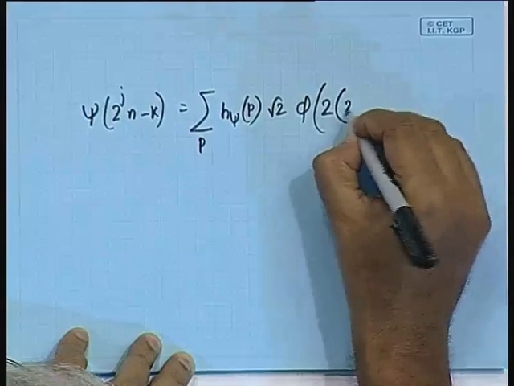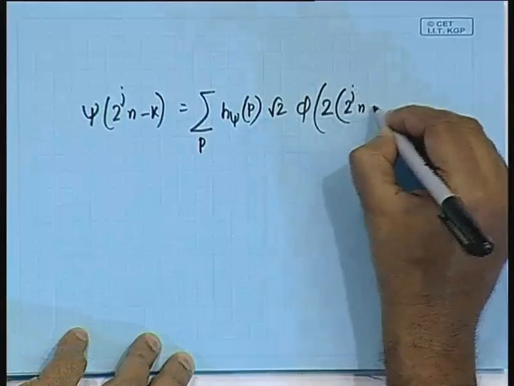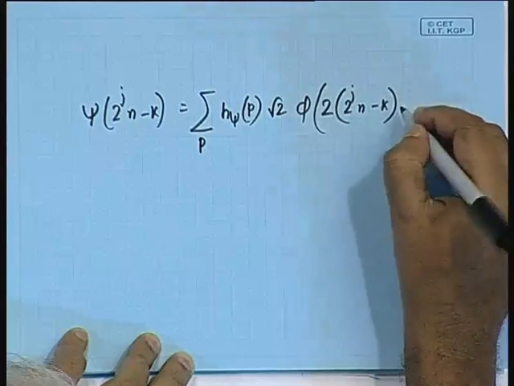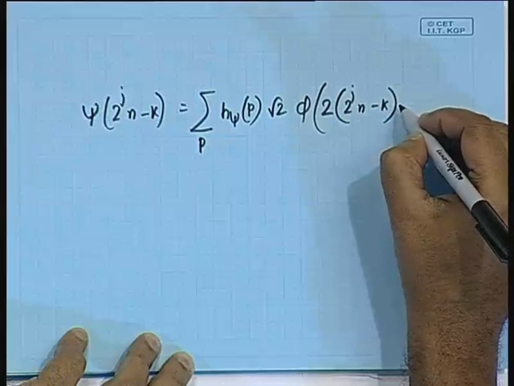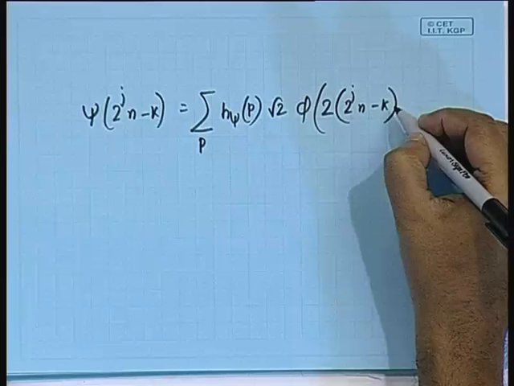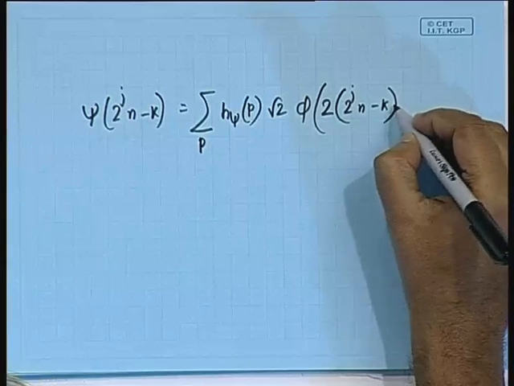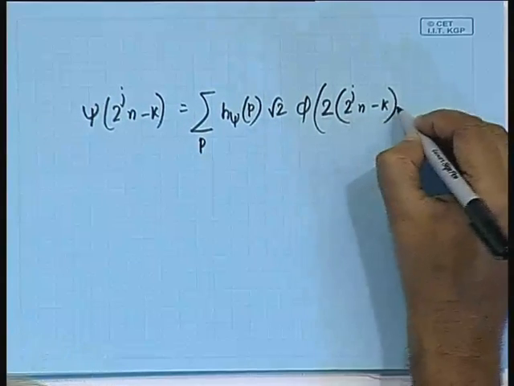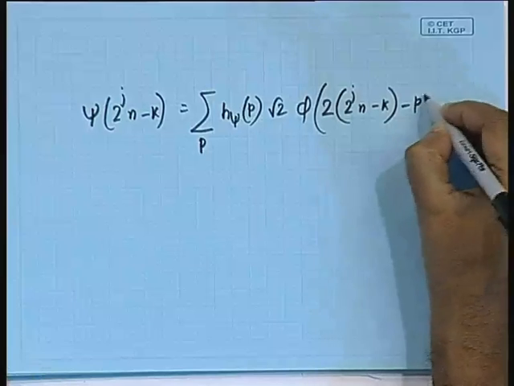So, 2 into 2 to the power j n minus k, and this whole thing minus, in our expression this was 2n minus p. So, n is this and p remains as before.